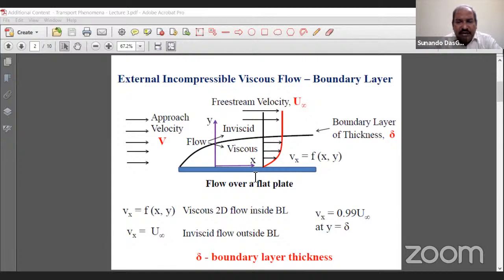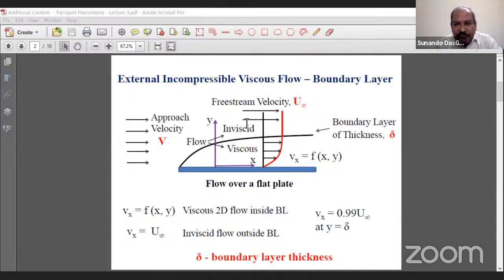But let's assume that it is a case between two parallel plates. Boundary layer will grow from the lower plate and also from the upper plate. Therefore, the amount of area available for the inviscid part of the flow will keep on decreasing as we move in the x direction.